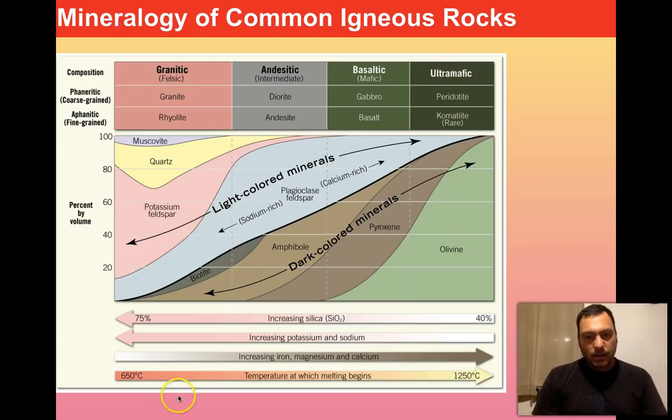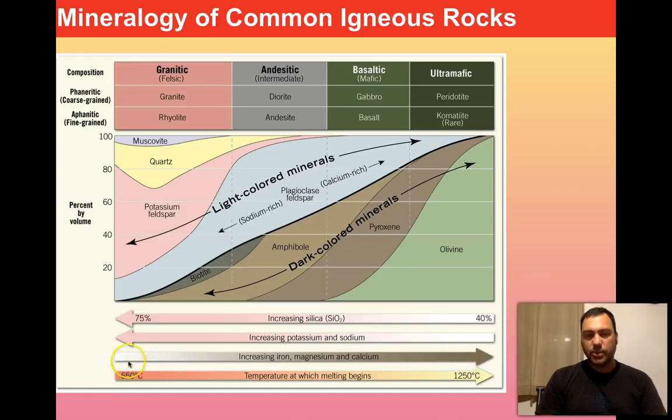Okay? And of course, the temperature. This is really important to keep in mind. So this temperature bar down here at the bottom: 650 degrees Celsius is the melting point for rocks of this composition, which is a large amount of quartz, a large amount of potassium feldspar, but not a whole lot of mafic minerals. It melts at about 650 degrees Celsius. That's the temperature at which it starts to melt, right?